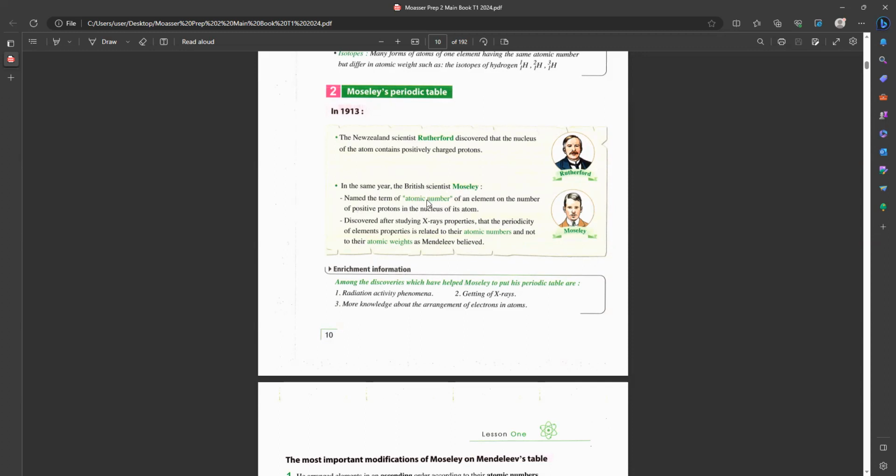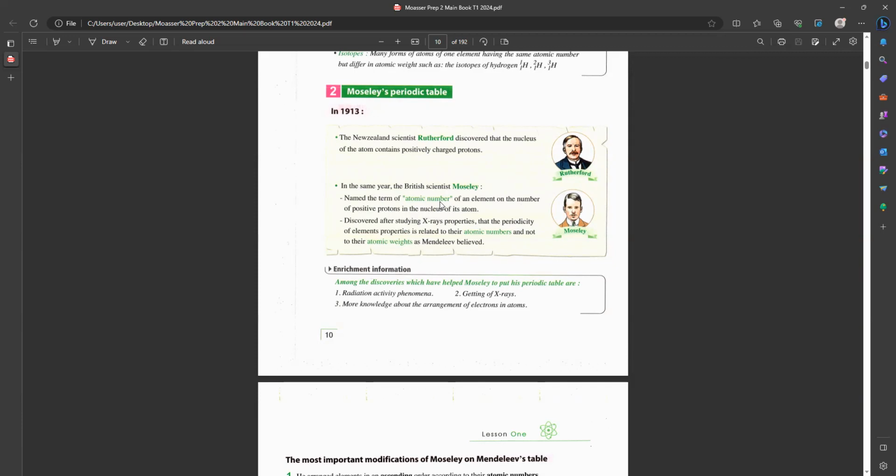Mendeleev arranged the elements ascending from the smallest to the largest according to atomic weight, but Moseley arranged the elements from the smallest atomic number to the largest atomic number. See the difference between Moseley and Mendeleev.